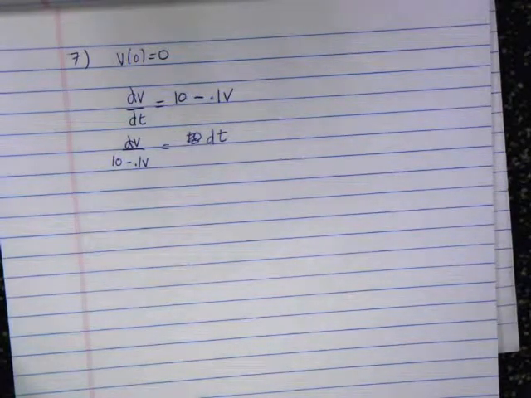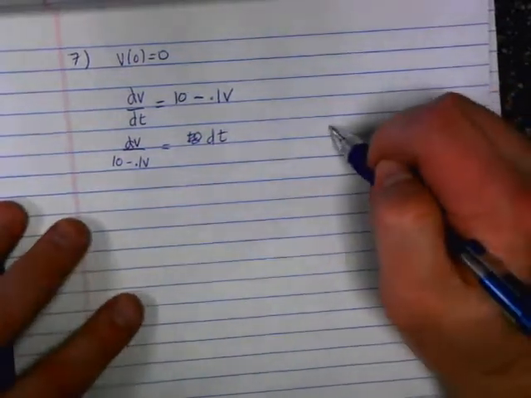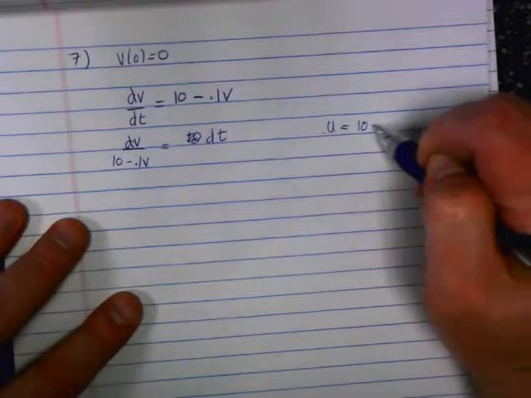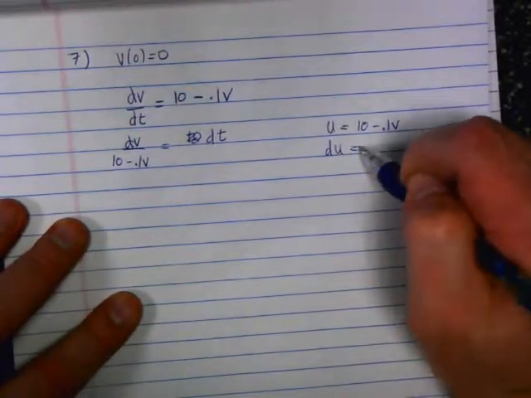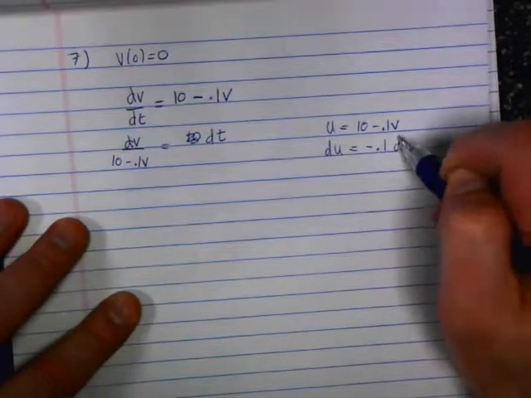Kept changing my mind there. We integrate both sides. What's the integral of 1 over 10 minus 0.1 v? Negative. All right, so we're going to have to let u be 10 minus 0.1 v. So du is minus 0.1 dv.